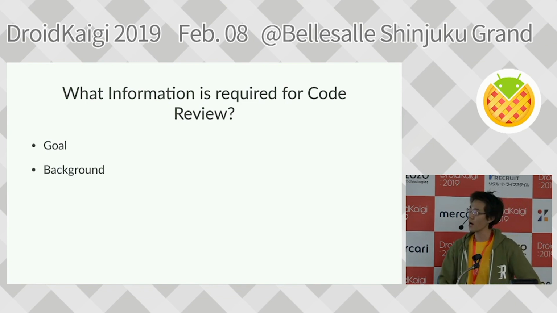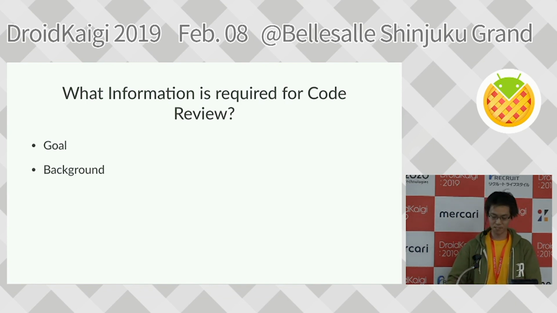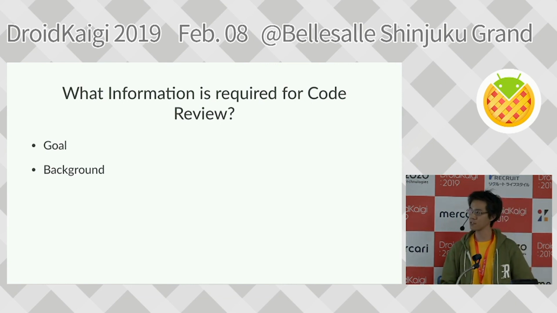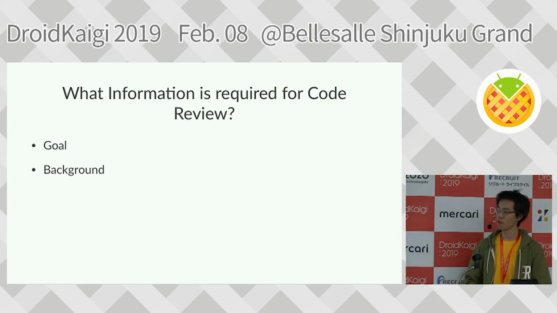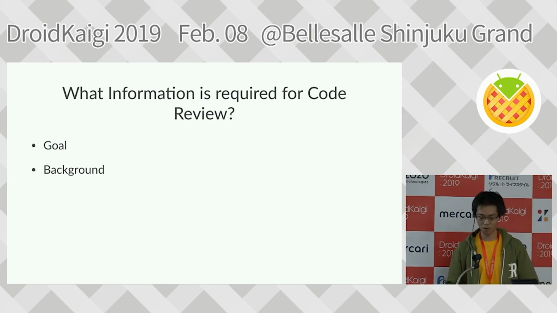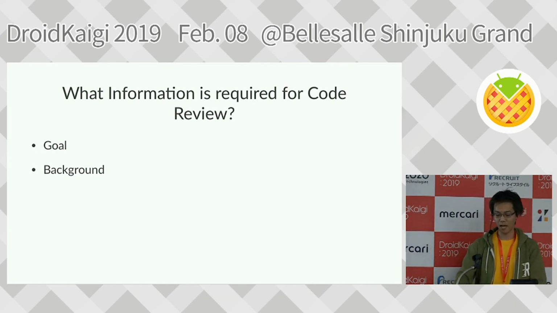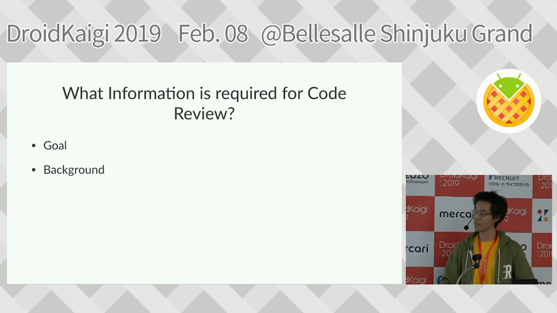And next, there must be some context or background behind the change. Sometimes it's a bug reported by a user, or a chat on Slack, or a discussion in person. Anyway, there must be a context for this change. And doing code review without knowing that background, I think, is like going through a tunnel without light.